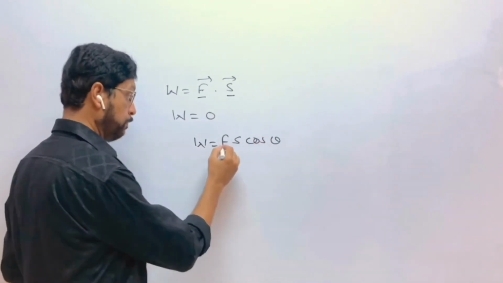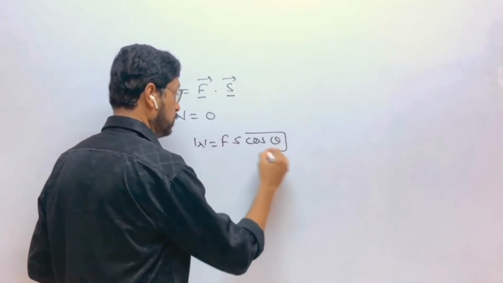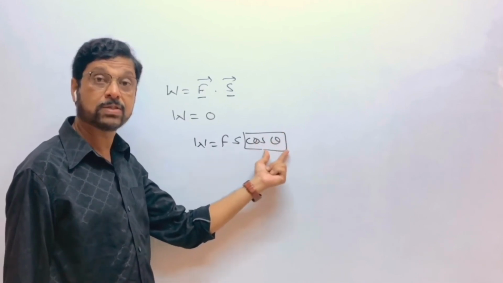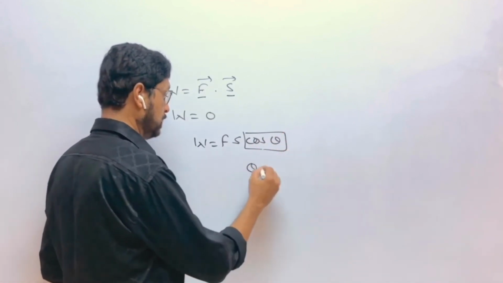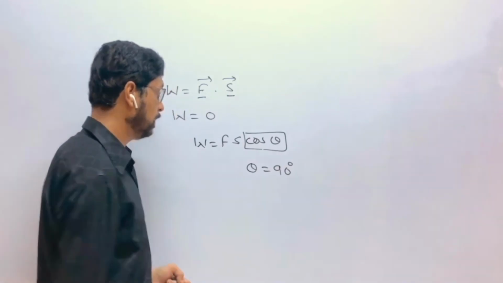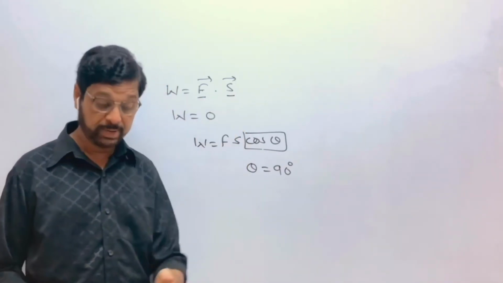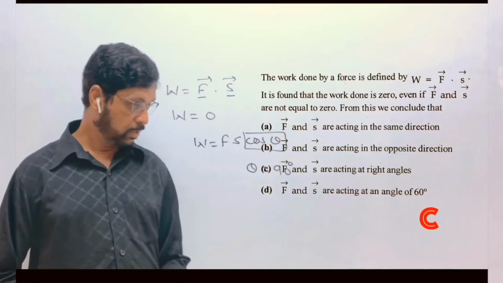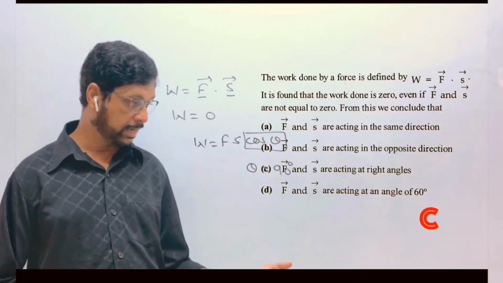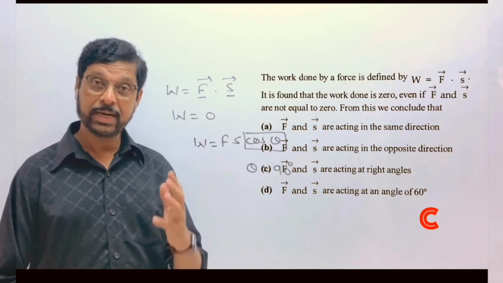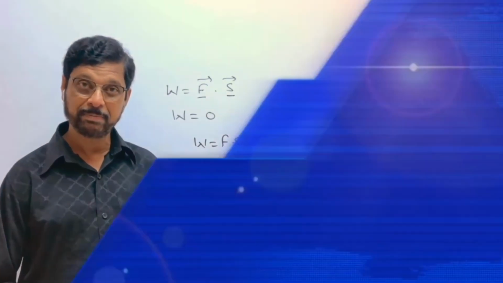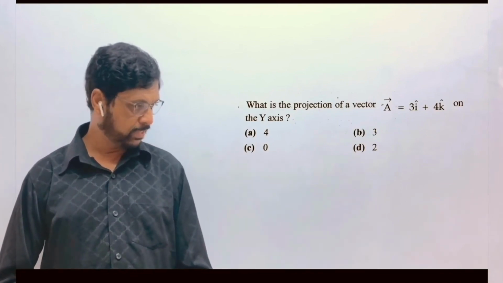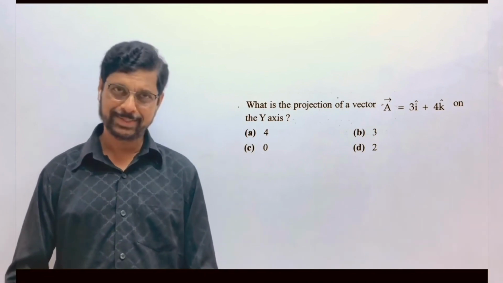F is not zero, S is not zero, means cos theta is zero. Which angle has cos 0? 90 degree, means theta is equal to 90 degree. It means that force and displacement are perpendicular to each other. Now check the options. So F and S are acting at right angles. That is option C.